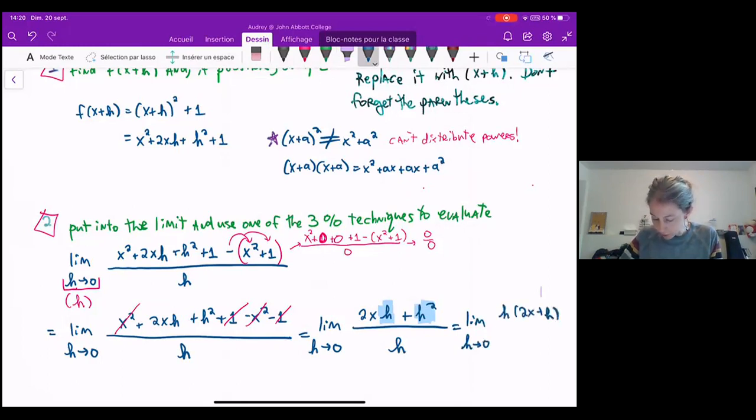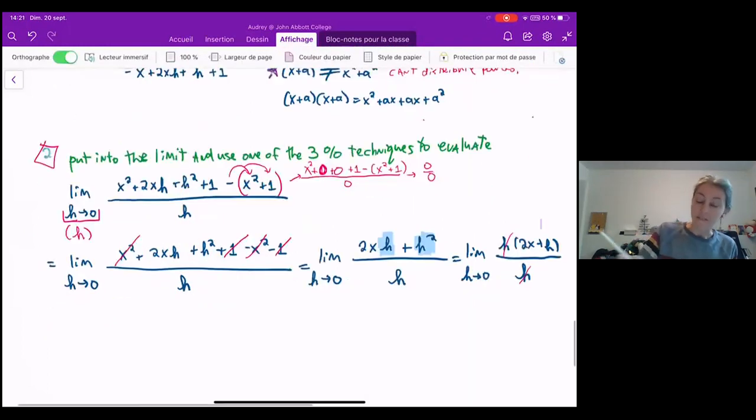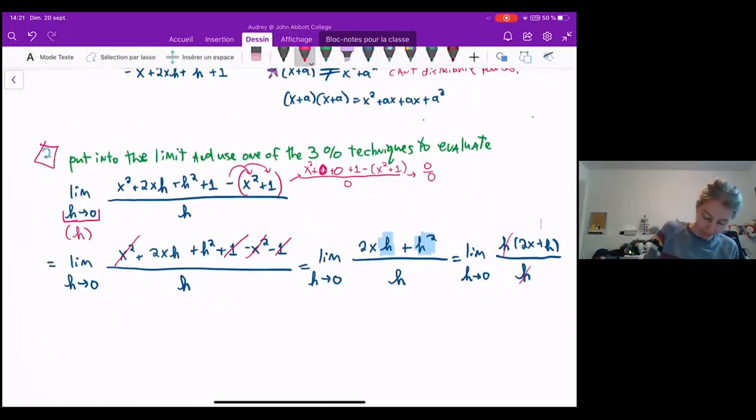And what I have left is 2x plus h over h. Now those h's cancel out. Goodbye. I've canceled out the problem, and I have the limit as h approaches 0. There's nothing left on the bottom, so there's like a 1 on the bottom, which I don't have to write. 2x plus h.